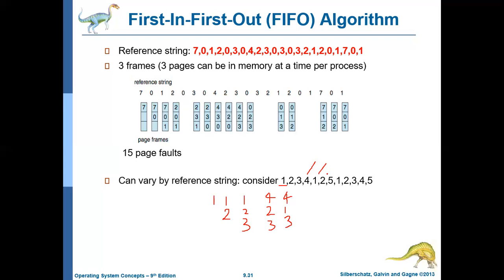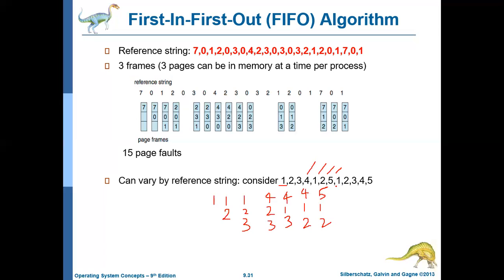Next 2 is not in the memory, 2 will replace 3, so it will become 4 1 2. Next is 5, which is not in the memory, 5 will replace 4, because 4 is the one which came first, so it will become 5 1 2.